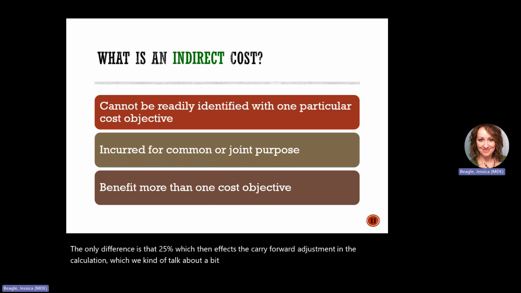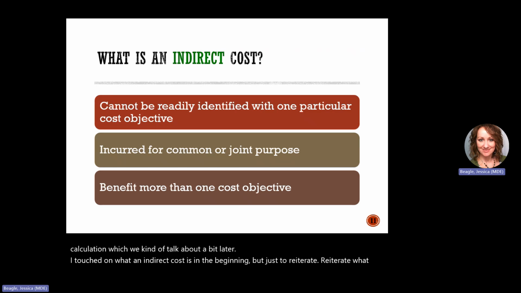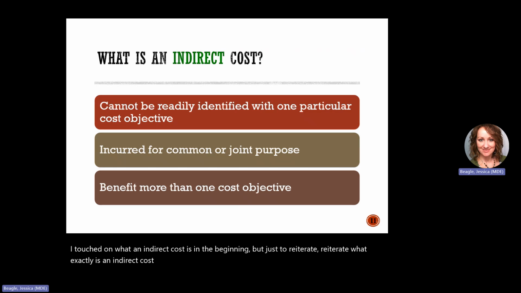I touched on what an indirect cost is in the beginning, but just to reiterate, what exactly is an indirect cost? Simply put, indirect costs are those expenses that aren't easily tied to a specific project or activity. Think of them as costs that benefit multiple projects or activities within the organization.